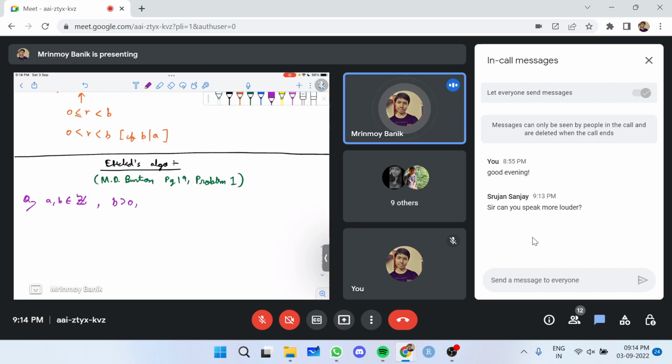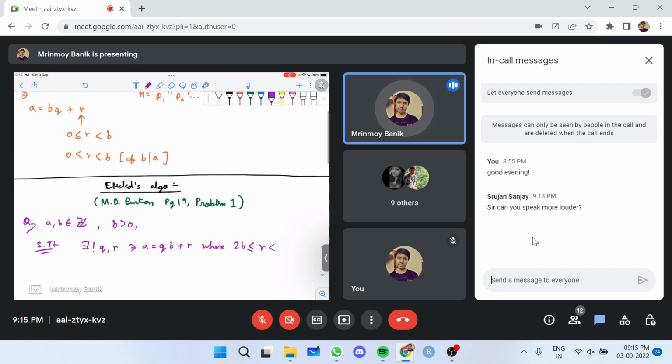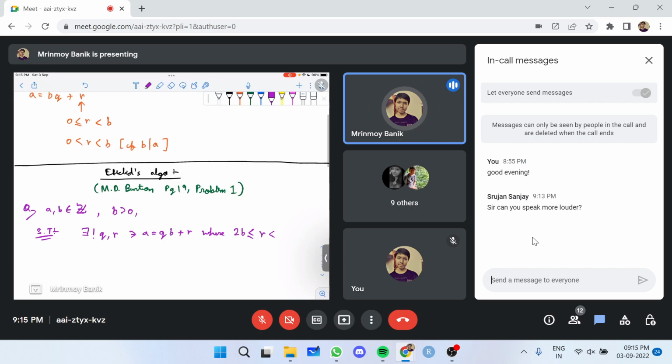We have to show that there exist unique q and r such that a equals qb plus r. The restriction on r here, instead of being in the interval 0 to b, is in the interval 2b to 3b.